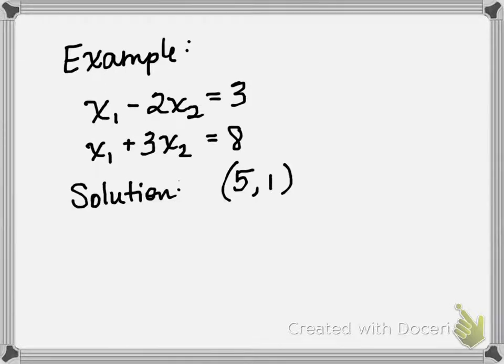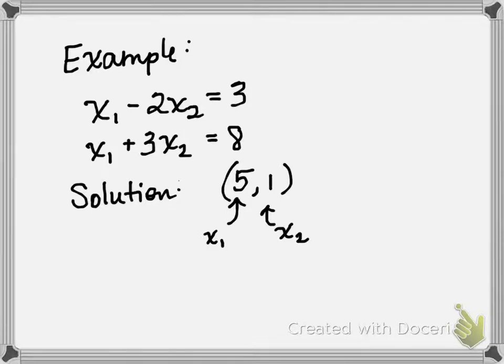One solution would be 5, 1, meaning that x1 is 5 and x2 is 1. We list these sort of like coordinates because they really do mean something in terms of coordinates. And we think of 5 as being x1 and 1 as being x2.